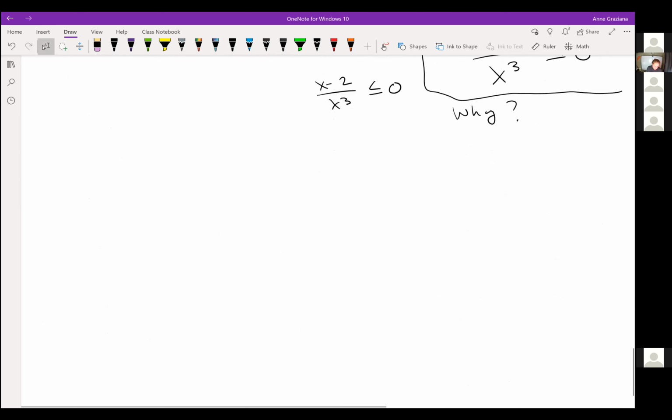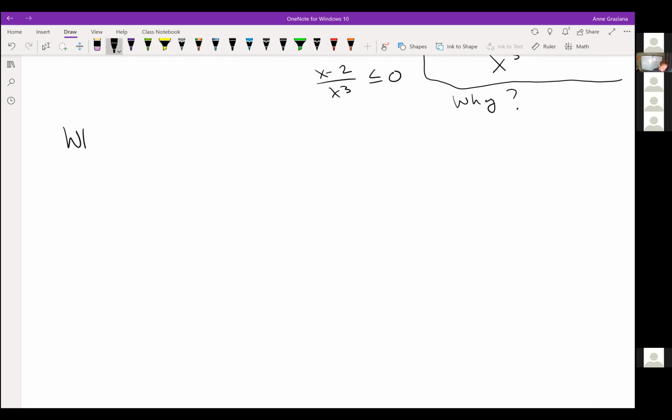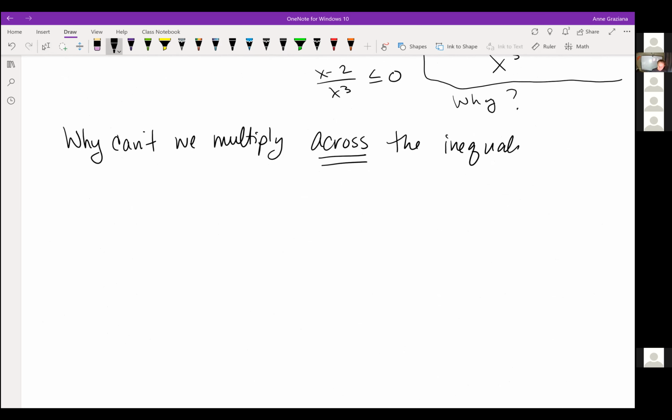All right. I want to talk about why we can't multiply across the inequality by a variable. And it kind of ties into what I just talked about here. It has to do with the rule that when you multiply across an inequality, if it's negative, you have to flip it, right?